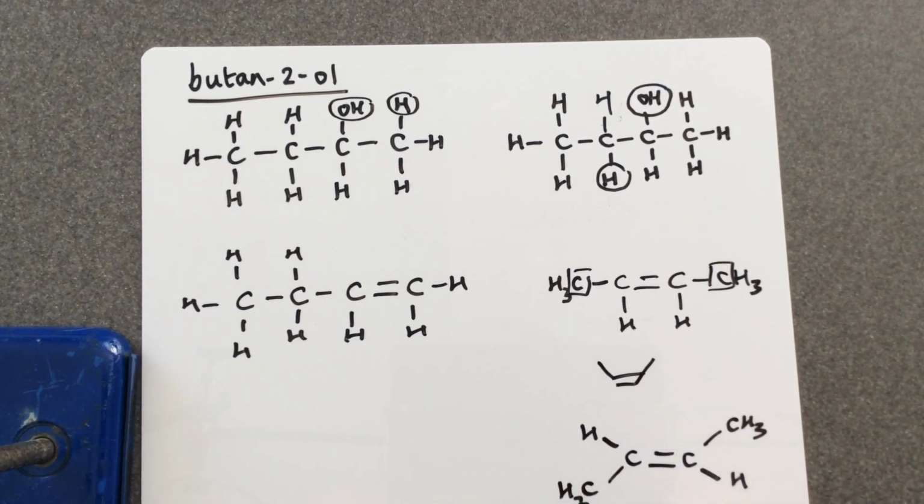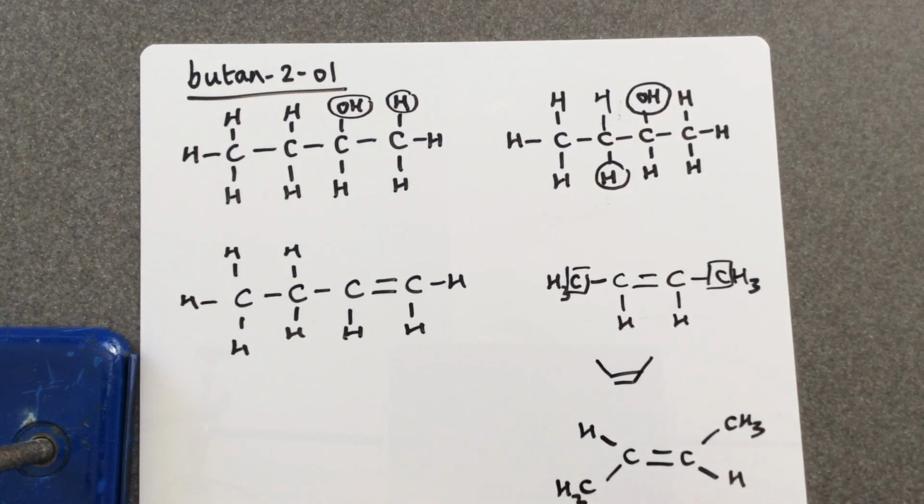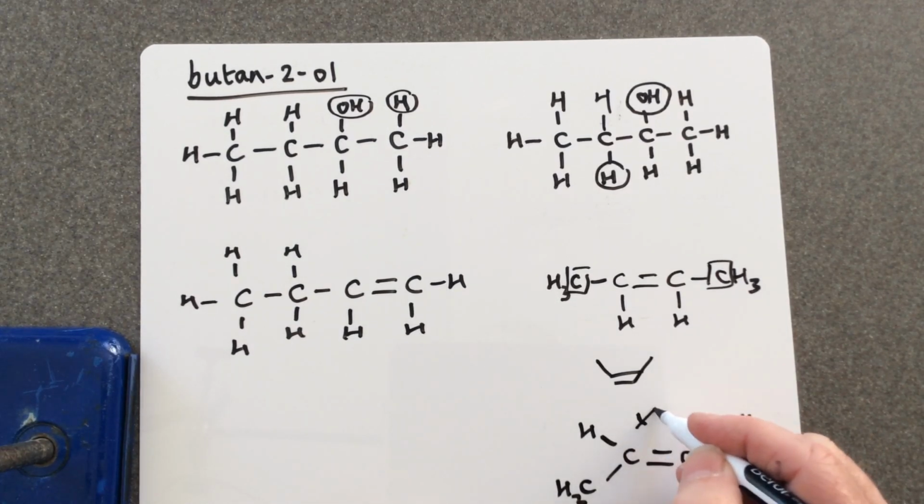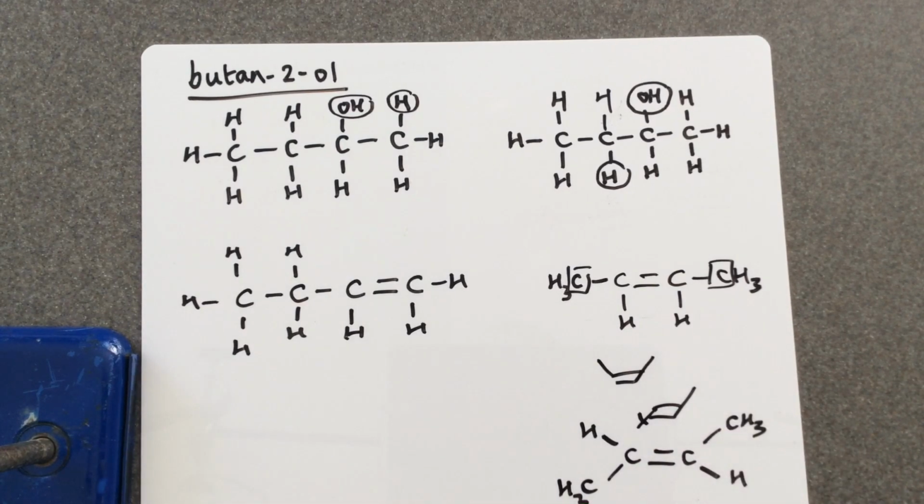This would be the Z isomer, E isomer. The E isomer because the priority groups, the CH3 and the CH3, are diagonally opposite across the double bond.